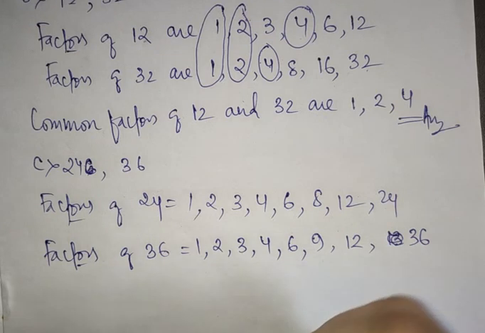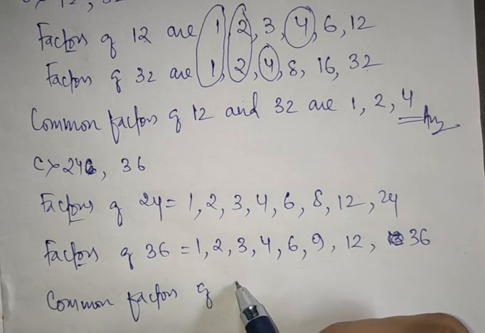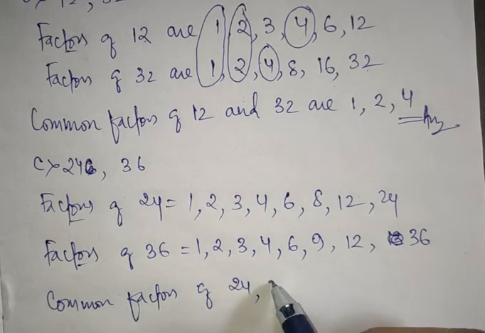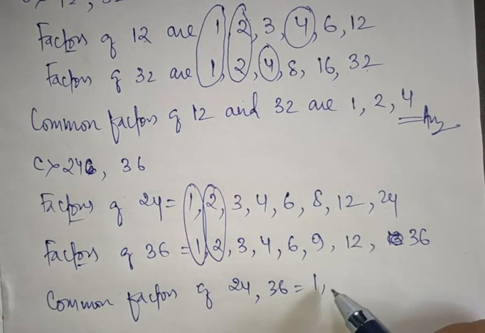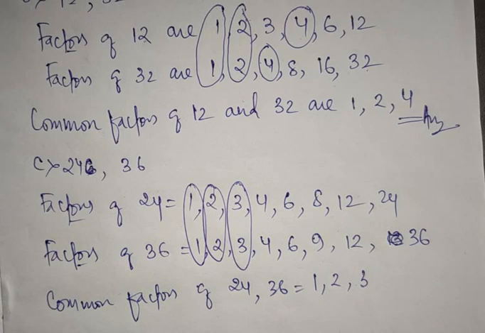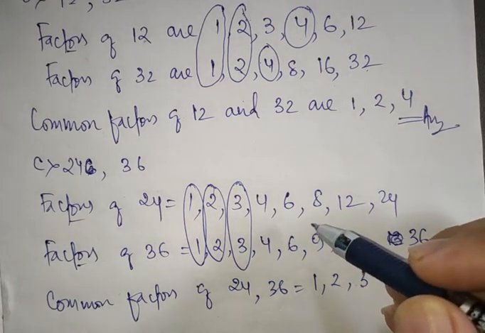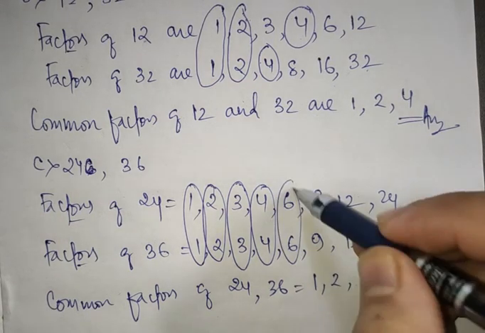So in between these, what numbers can you see common? The common factors of 24 and 36 are 1, 2, yes, then 3, yes. 4 is also common, yes. 6 is also common.